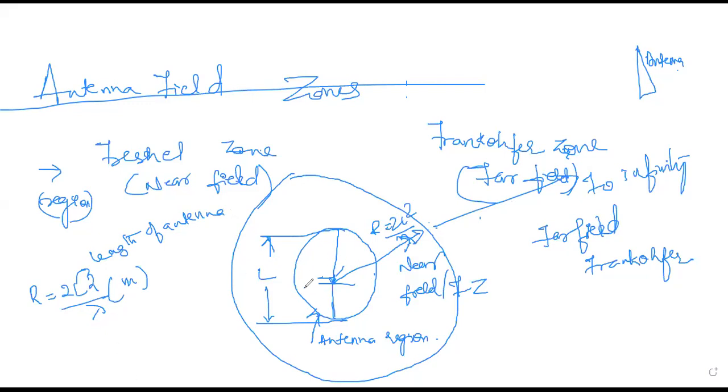This is the general definition of the Fresnel-Fraunhofer boundary sphere. This will be the distance separating your Fresnel and Fraunhofer regions.